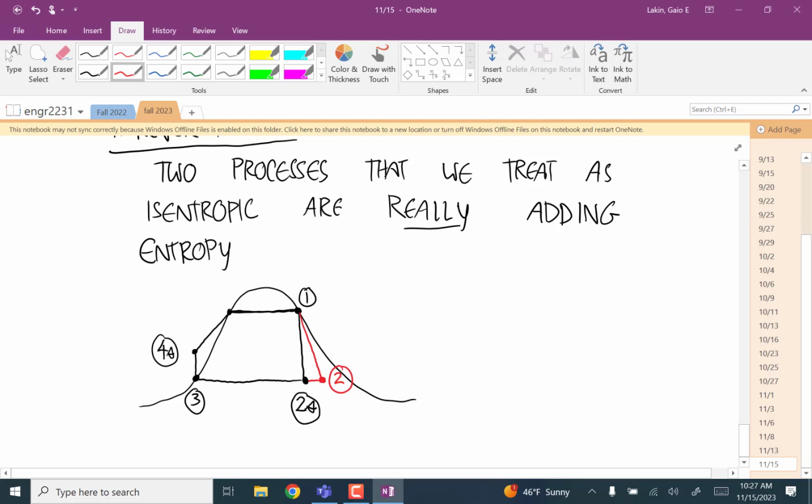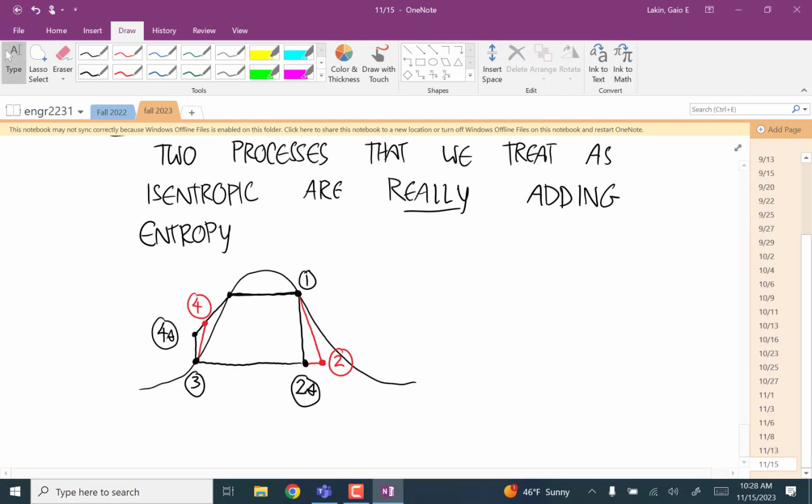Since adding entropy to the system moves that point to the right along the horizontal axis, the real state 4 is something like this. Okay?